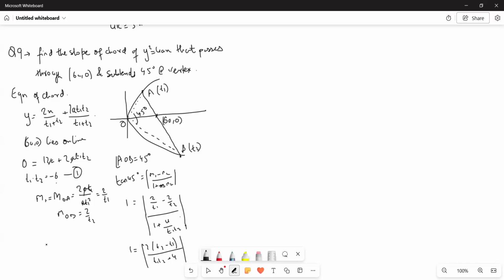So that will end up giving us t2 minus t1 is equal to 1 mod के साथ.